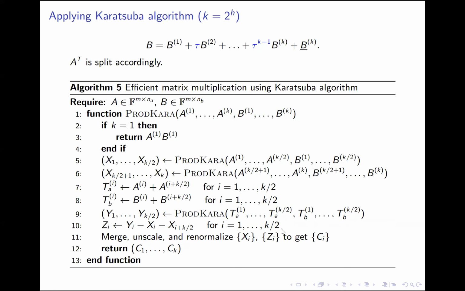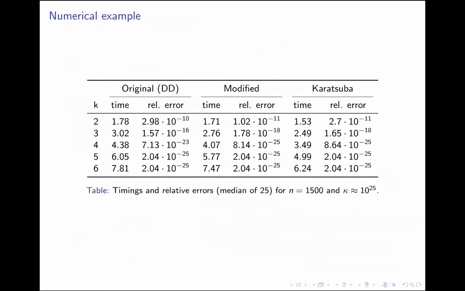realize and implement. And that this actually gives a benefit in computation time can be seen in this small numerical example. So we consider the product of 2 square matrices with dimension n just 1500. And then we see from the timings that actually the Karatsuba approach is faster than the original approach.